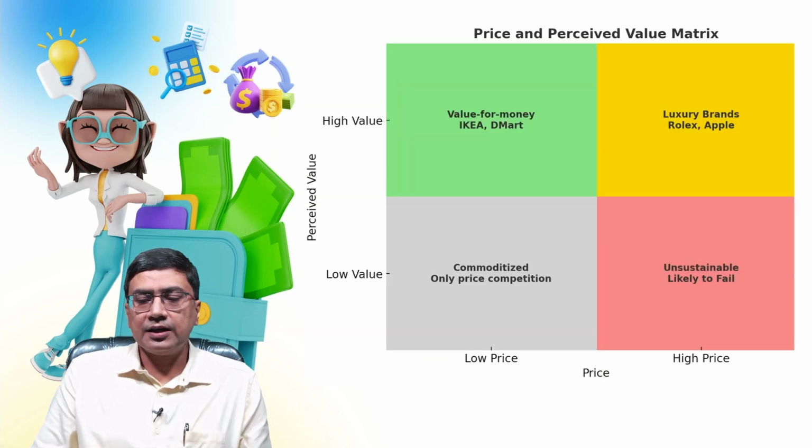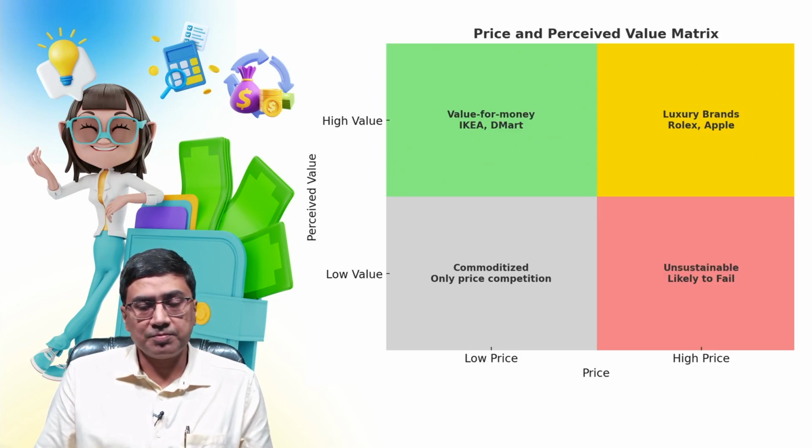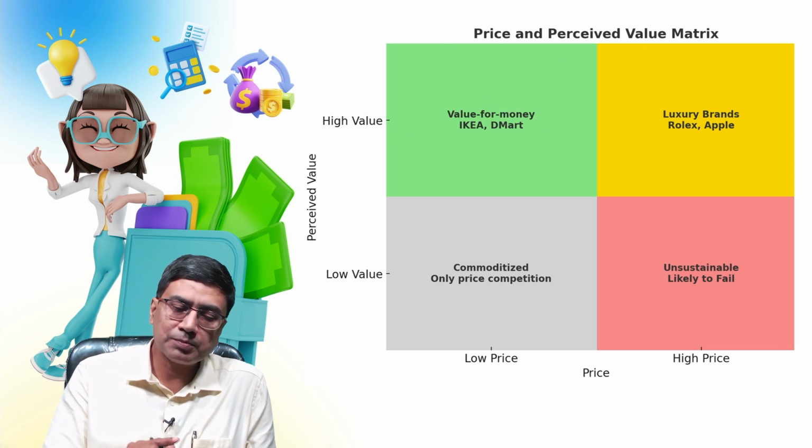Now, just see the other matrix with certain examples. Why? Because value perception is again subjective, but still we can identify the value perception with the price. So, here there are two specific things: perceived value, either high or low, and perceived price, not the actual price, either low or high, and based on this we have four possibilities.